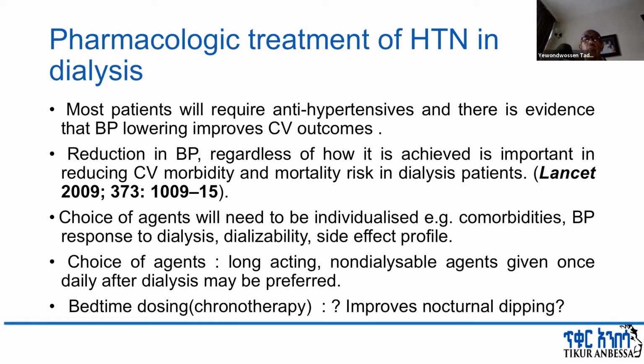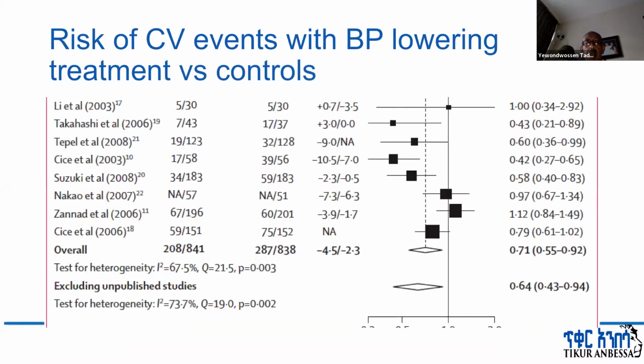So most patients will require antihypertensives, and there is evidence that blood pressure lowering using antihypertensive agents improves cardiovascular outcomes, and this occurs regardless of how one achieves the reduction in blood pressure, irrespective of what antihypertensive agents we use. This is a meta-analysis of 8 studies that was published in the Lancet in 2009.